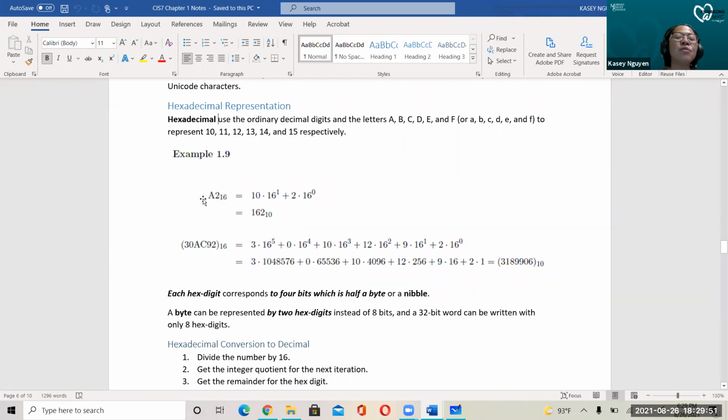As you move left, you increase the exponent by 1 when you multiply by the base 16. Okay. So once you multiply everything out, you add it, and that's going to give you 162. So when you go from hexadecimal to decimal, you can use the multiplication method.